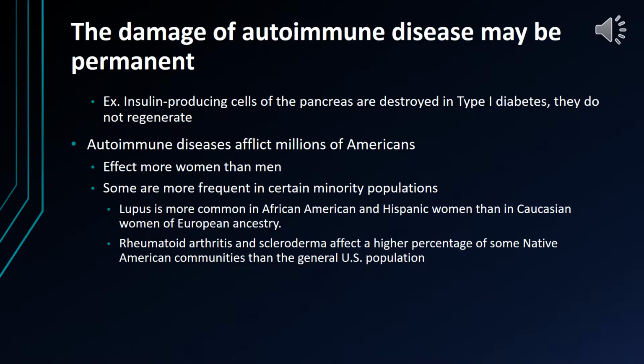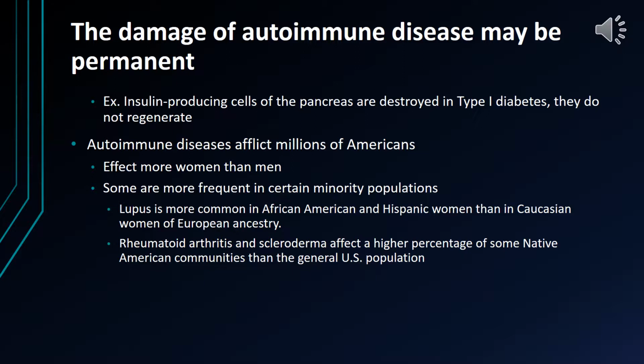Many times the damage caused by an autoimmune disease may be permanent. And one example of one that is permanent is in diabetes, where the insulin producing cells of the pancreas are permanently destroyed as they do not regenerate. And one interesting fact about autoimmune diseases is that though they afflict millions of Americans, typically more women are affected than men.